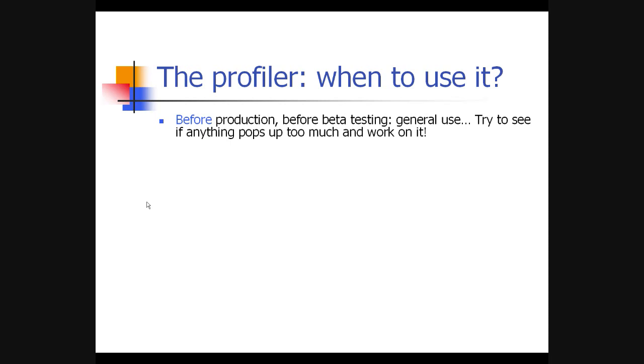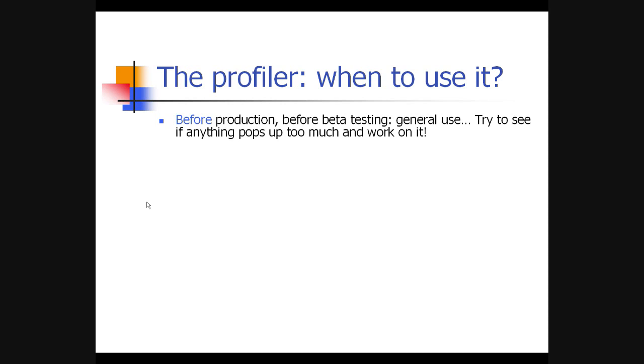When do you want to use the profiler? Before production, as we said earlier in part 1 of this course, and before beta testing. In general use, you want to see if anything pops up as really too slow and work on that. So that's a good idea to do before you send the program to your customers. See if there's something that looks like it's really taking too much time in your program, and work on it.